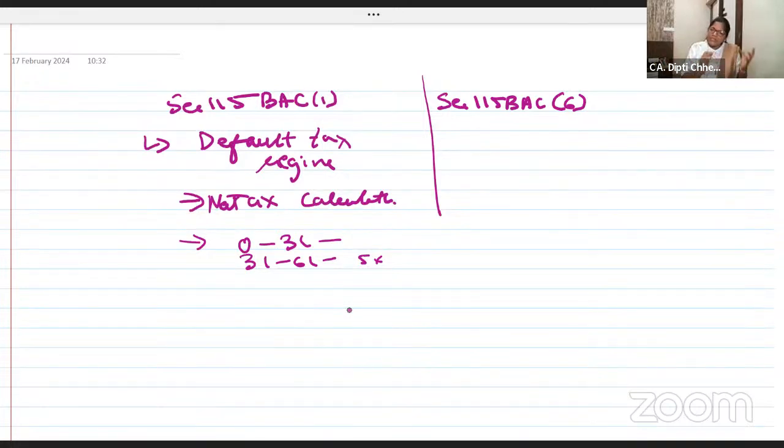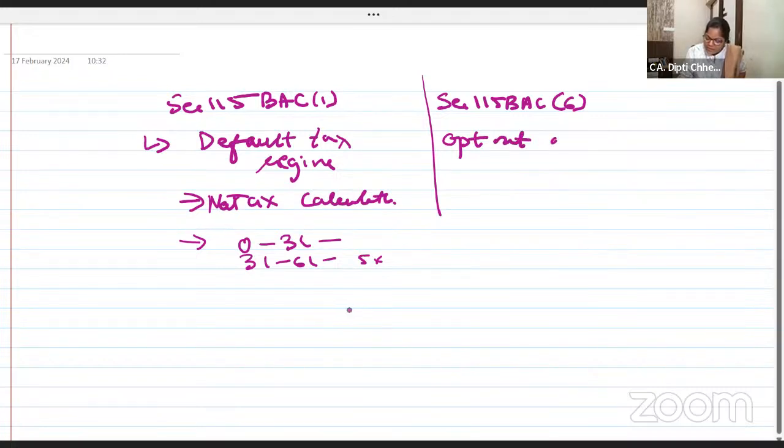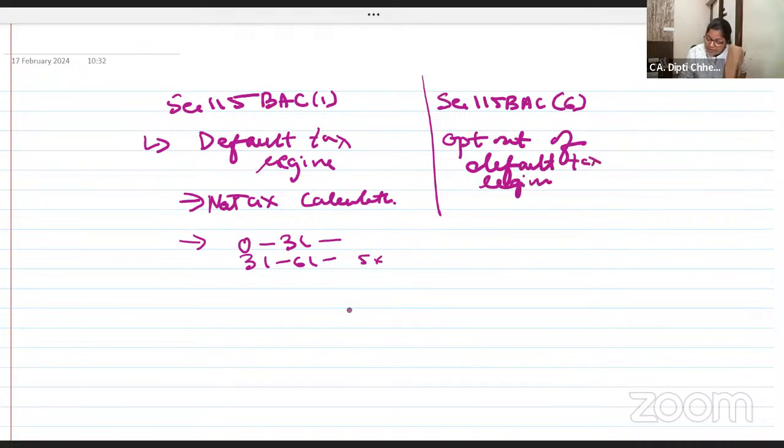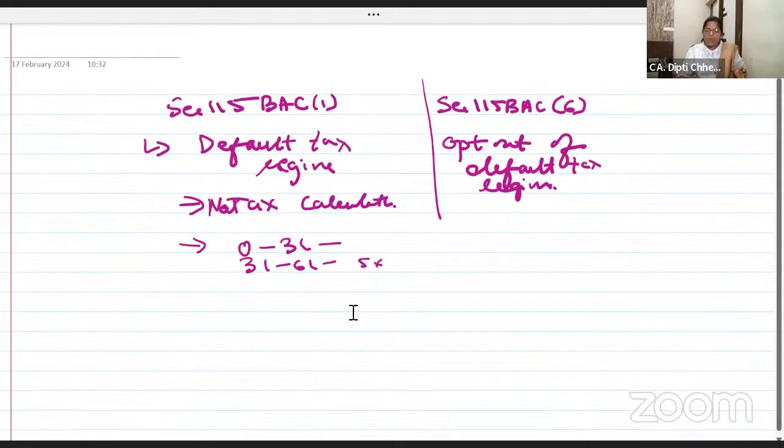In the CA exam also it was clear, but they said if he has opted for 115BAC(6), he has opted out of the default tax regime. Especially this is asked for set off and carry forward problems, because in the default tax regime the rules are different. Here it is different. So if they say the person has opted for 115BAC(6), sorry.